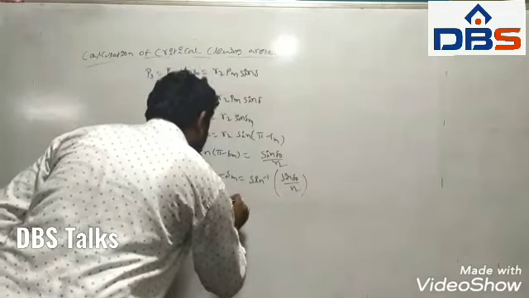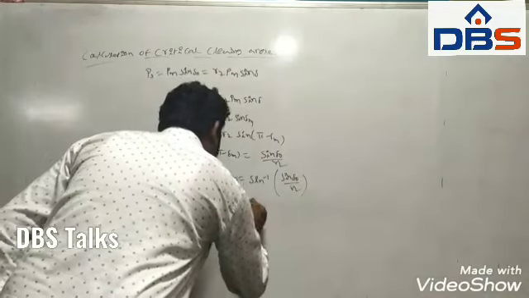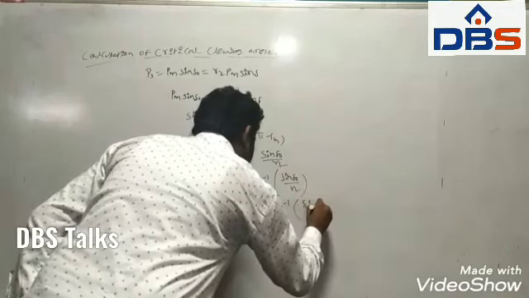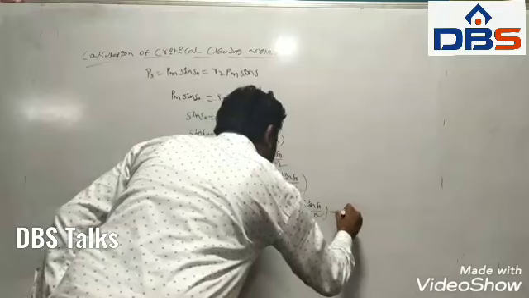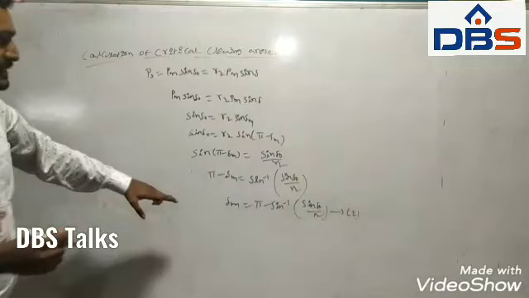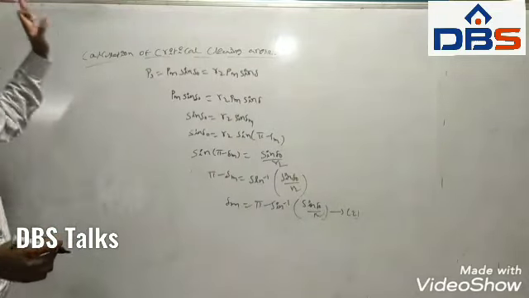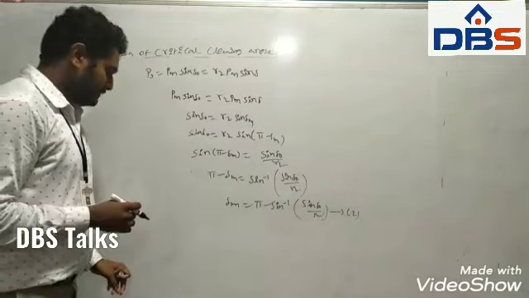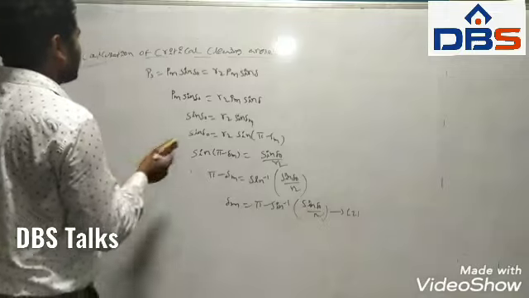So delta M is equal to pi minus sin inverse of (sin delta naught by r2). Treat this as the second equation. By substituting this delta M value into the first equation, we will calculate the critical clearing angle. So this is the first concept, the critical clearing angle calculation.